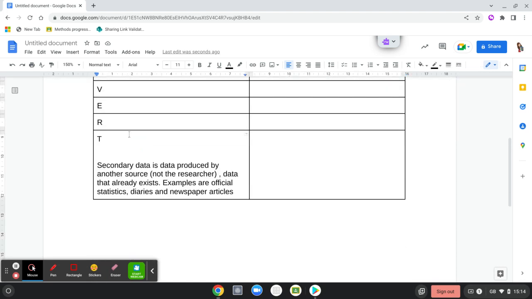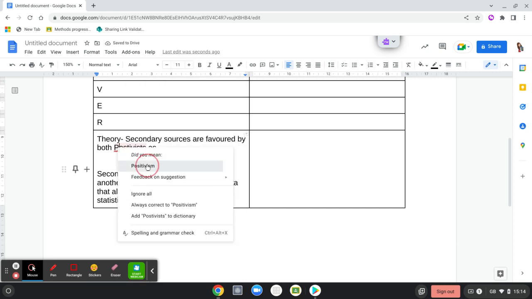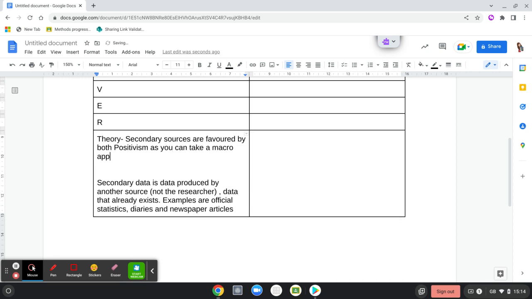So because it can be both, for the theory section, I'm going to say secondary sources are favoured by positivists, as you can take a macro approach, large scale, by using official statistics.